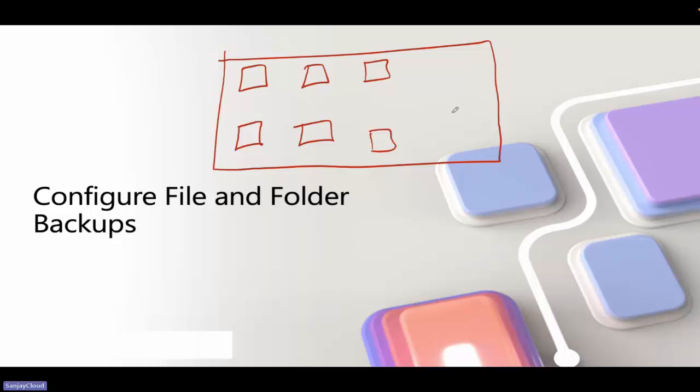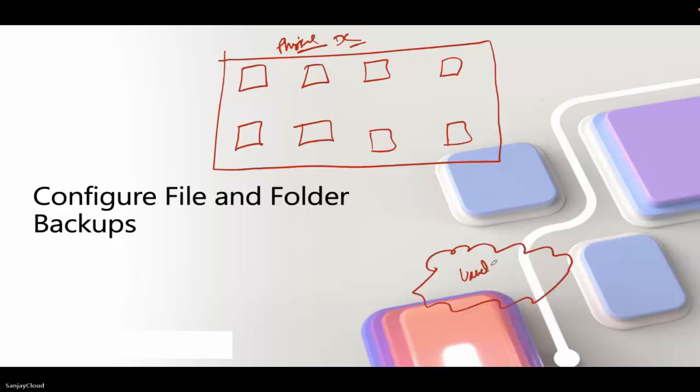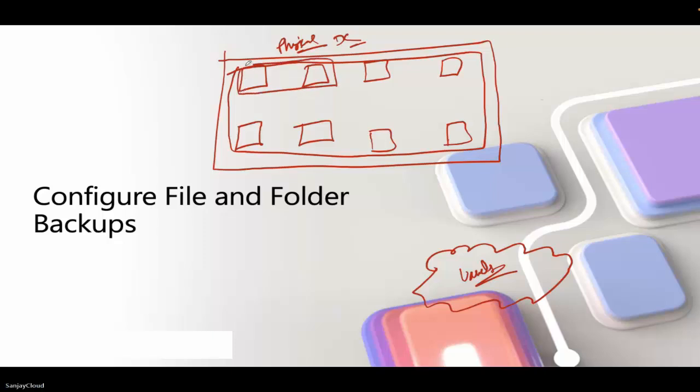There are lots of servers available inside my physical data center. And here in Azure, we have our recovery vault. All these servers are placed on different VMware ESXi hosts.